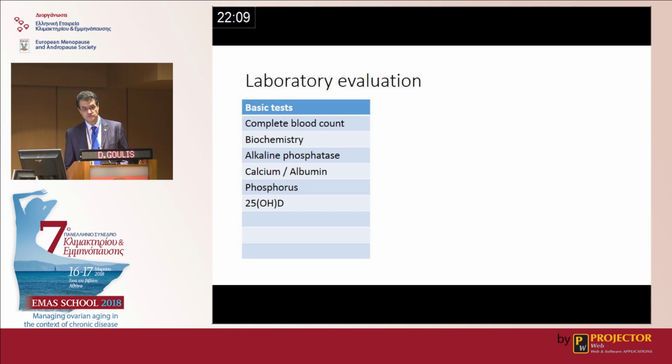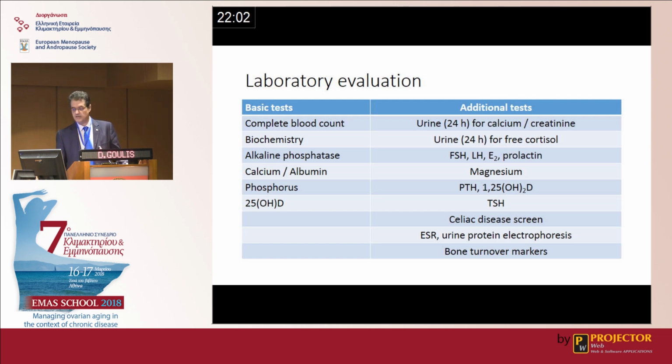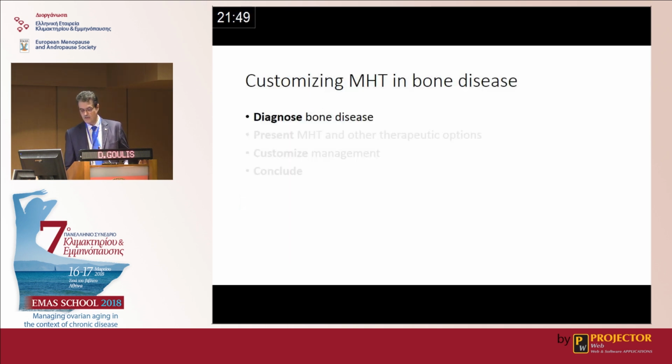According to your clinical suspicions of another disease, as we have just discussed for the causes of secondary osteoporosis, you can prescribe additional tests such as 24-hour urine collection for calcium and creatinine, FSH, LH, estradiol, parathormone, and so on.